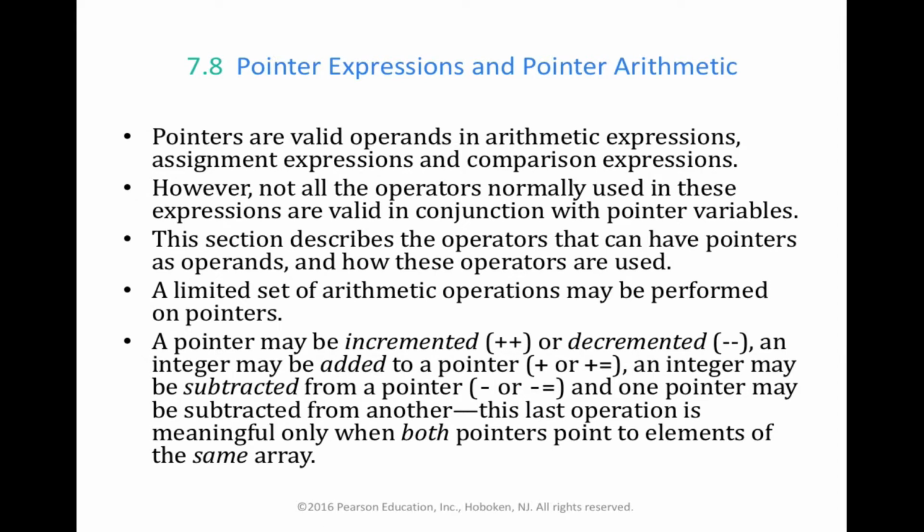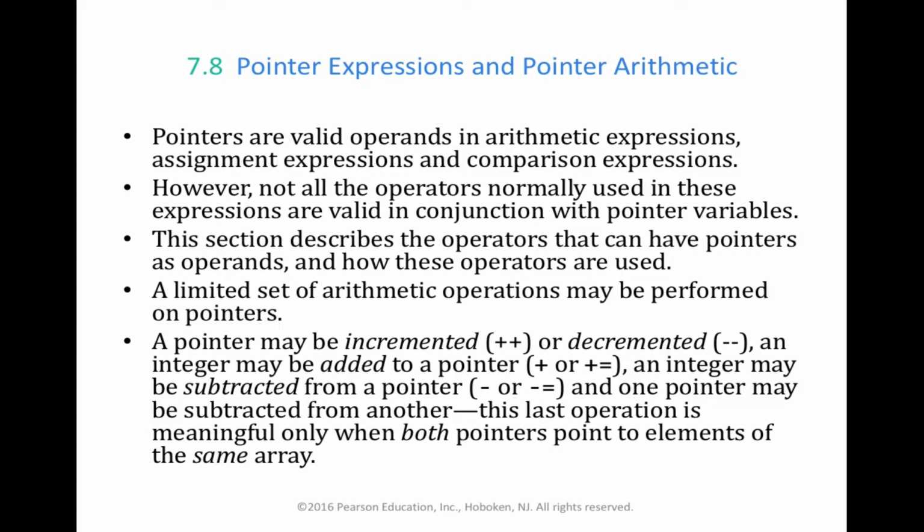Okay, I apologize, we're switching gears here. Pointers are valid operands in arithmetic expressions, assignment expressions, and comparison expressions. However, not all the operators normally used with these are valid in conjunction with pointers. So we're going to talk now about operators that can have pointers as operands and how those operations are used. A limited set of mathematical operations can be performed on pointers.